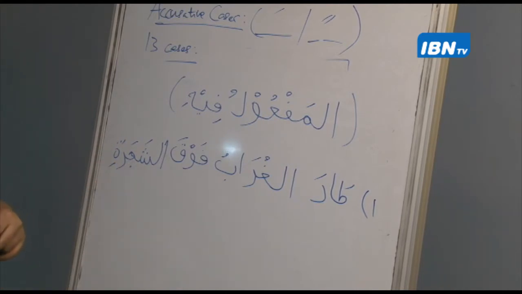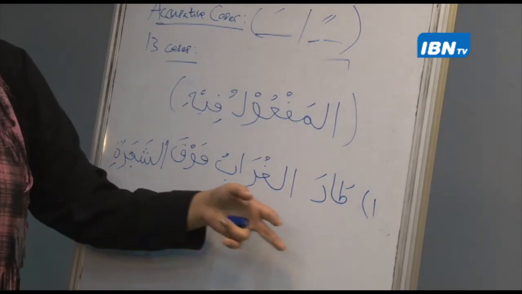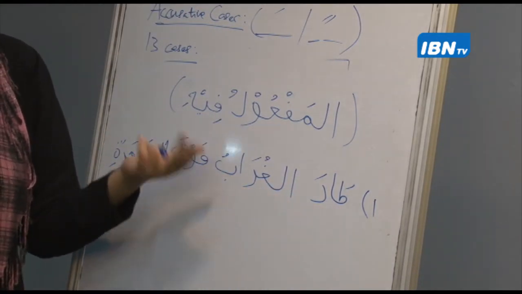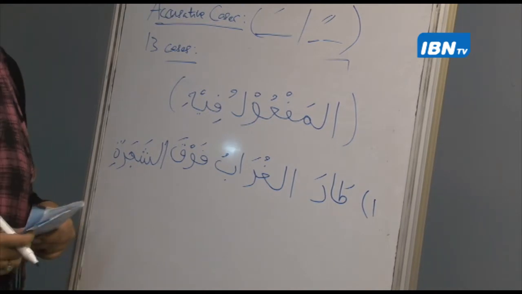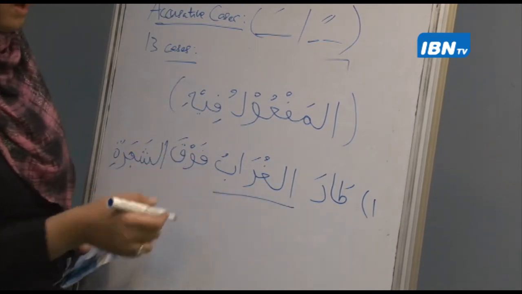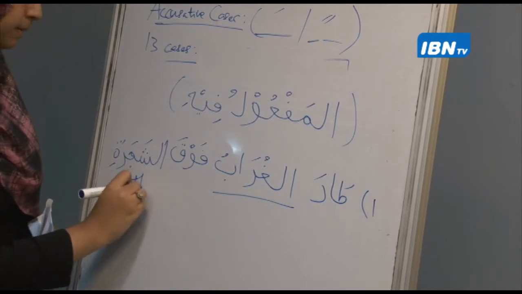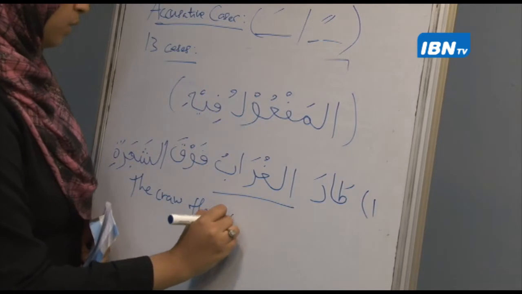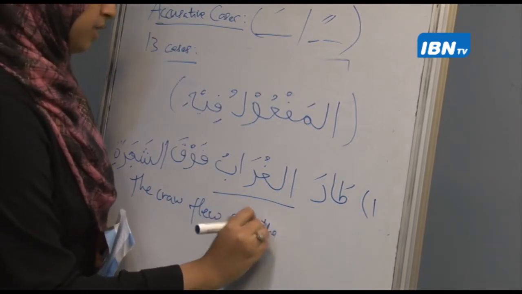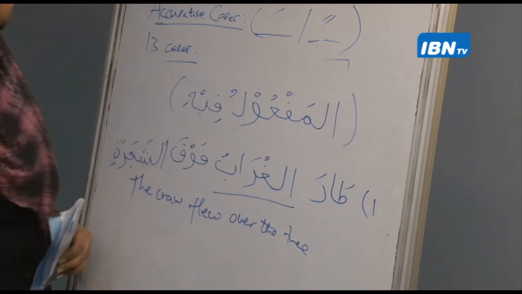Right? So طار الغراب فوق الشجرة. طار comes from طائر. طائر means bird. طار means flew. What flew? The crow. Okay? So the crow flew over the tree. Right?